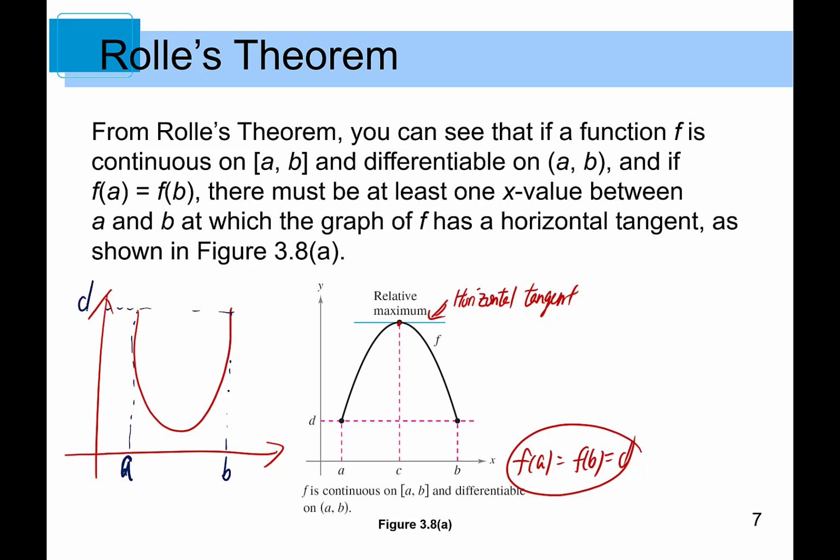Okay, so as you can see, it's still continuous everywhere. Continuous on the closed interval [a, b], differentiable on the open interval (a, b), and f(a) equals f(b) equals lowercase d. And we know that there must be a horizontal tangent here. With that horizontal tangent occurring here, this is the relative minimum in this case.